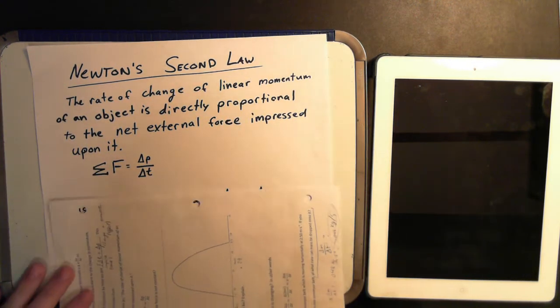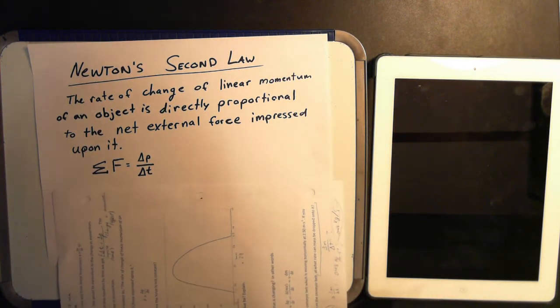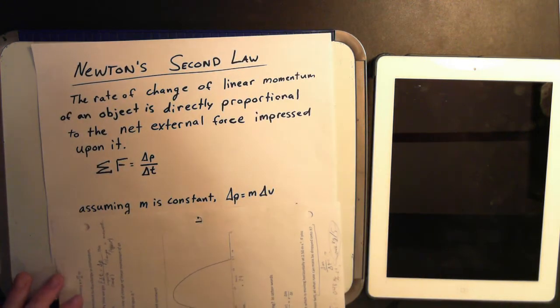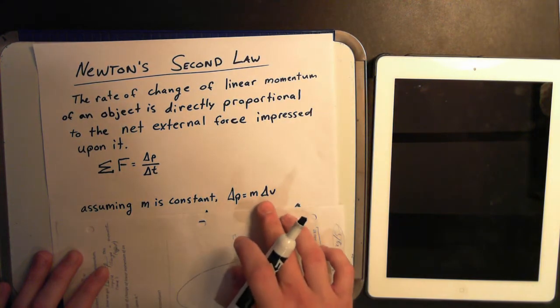Since we can assume that mass is going to remain constant through this problem, and we'll get back to if it changes later, the change in momentum is going to be mass times the change of velocity.